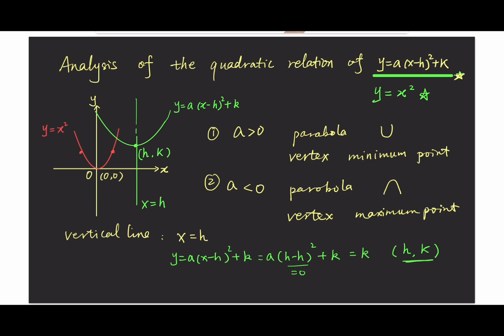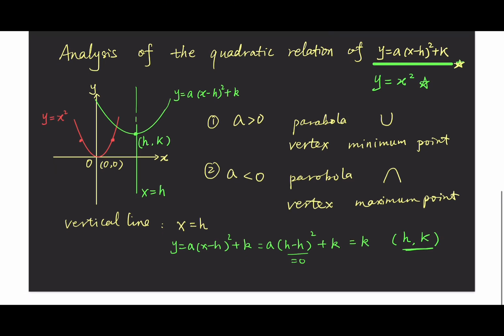So this point, whose coordinate is (h, k), represents the vertex. Of course, this graph assumes a greater than 0, so the graph opens upwards. Alternatively, if the graph opens downwards, the vertex represents the maximum point of the parabola.